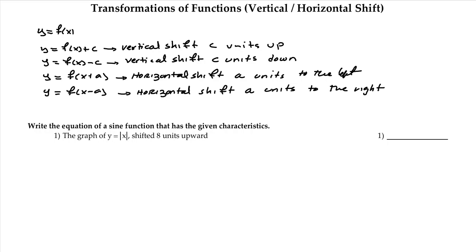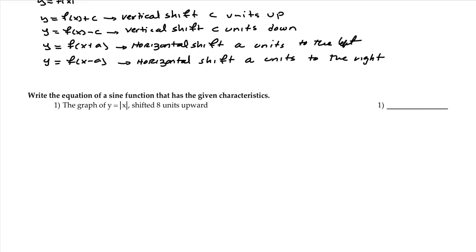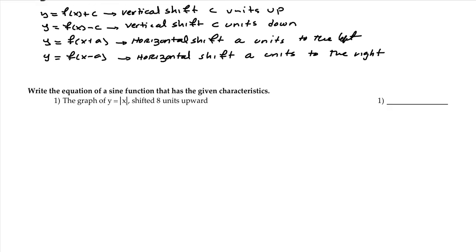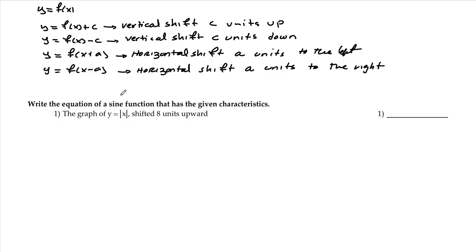So let's see then the first exercise that we're going to do based on this previous explanation. They give us a function that is y equals absolute value of x, and they ask you to get the function when you shift the graph 8 units upward.